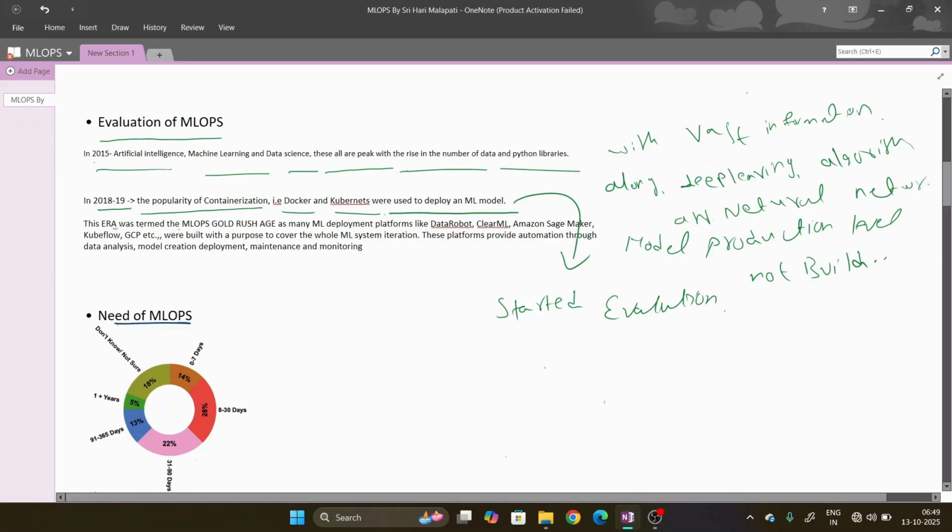This era was termed the MLOps gold rush age, as many ML model deployment platforms like DataRobot, Clear ML, SageMaker by Amazon, Kubeflow, and GCP were built with whole ML system iteration.